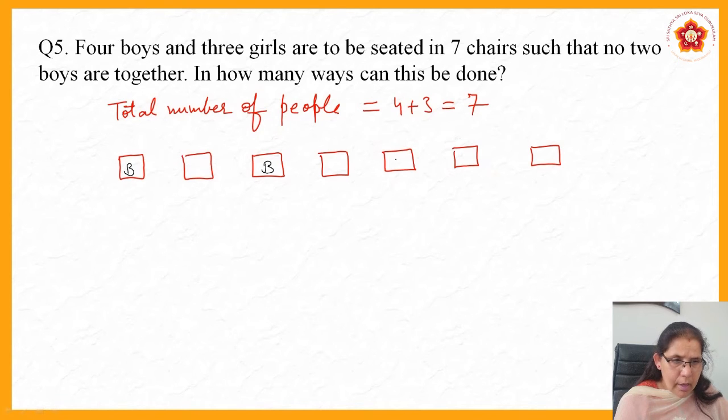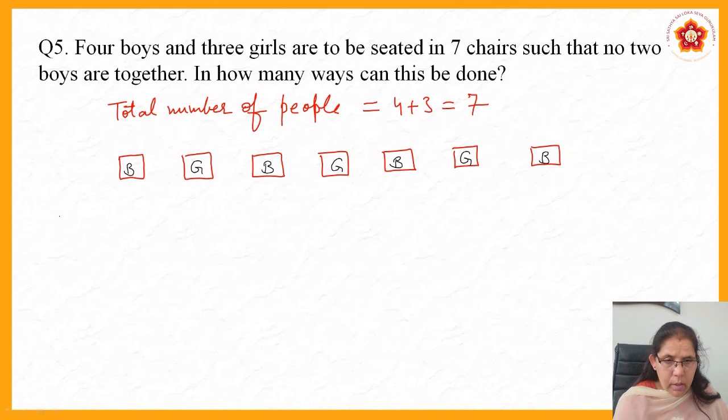Then we have to put a girl in between. So 4 boys have been placed at 4 places, and then we'll be having a girl here, and a girl here. So here in the diagram, you can clearly see that no 2 girls are together.